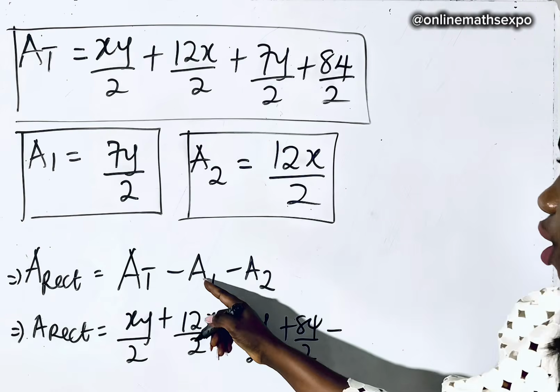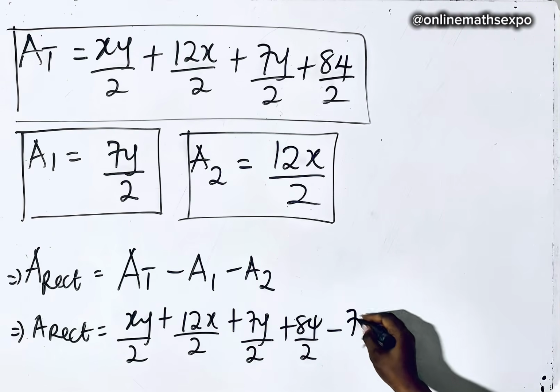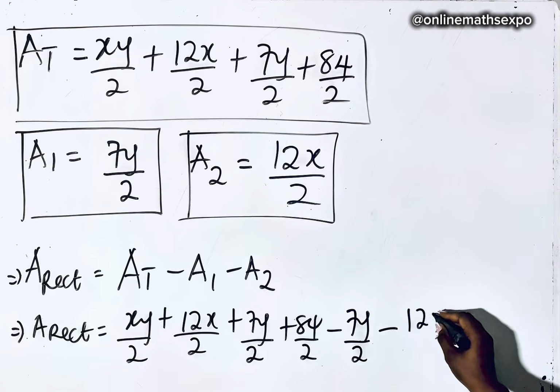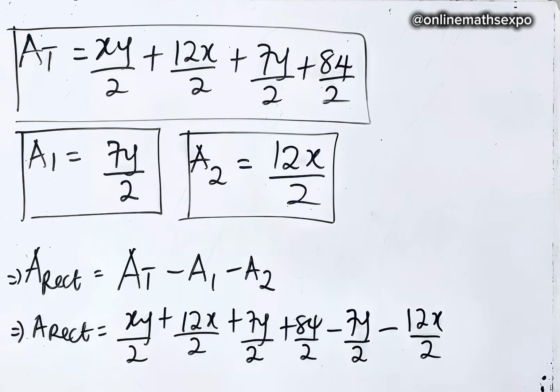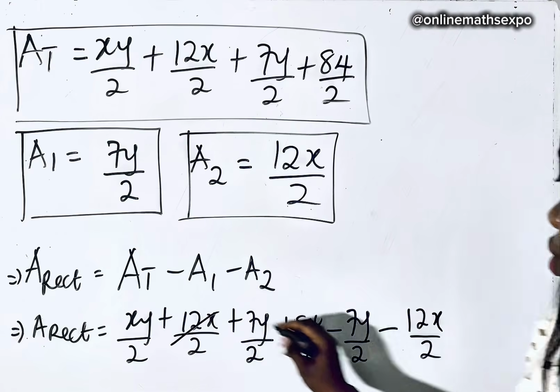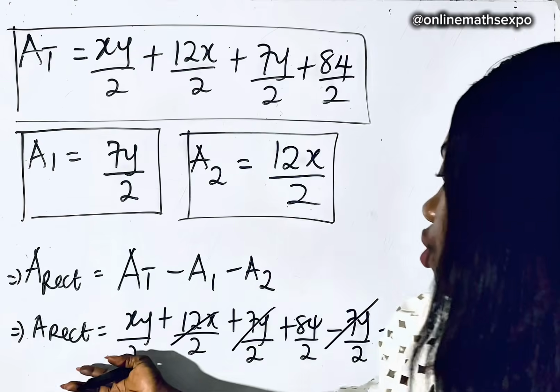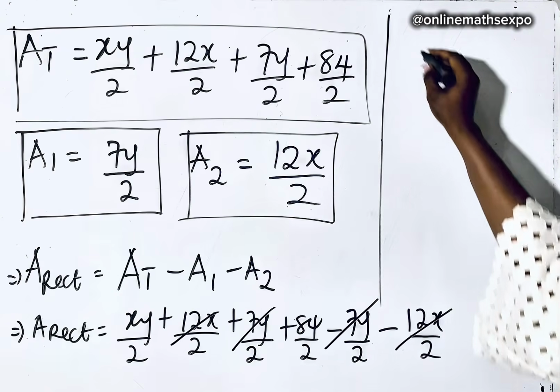Then subtract the area of triangle 1, which is 7y over 2. Subtract the area of triangle 2, which is 12x over 2. So let's subtract this. This is gone. Then 7y over 2 subtract this is gone. And we are left with the area of the triangle, so we can work it out here.